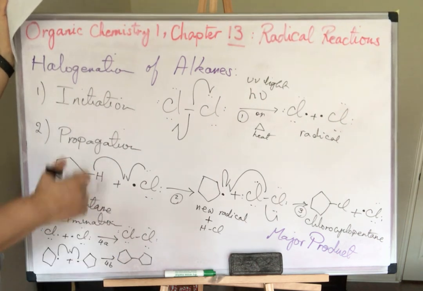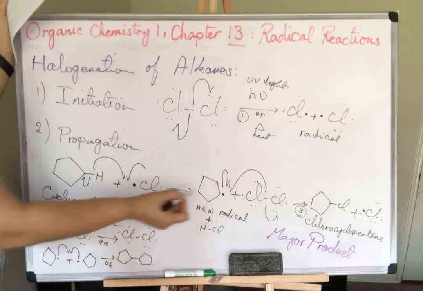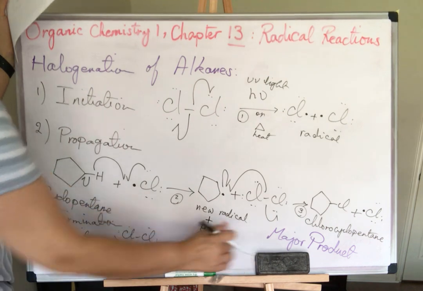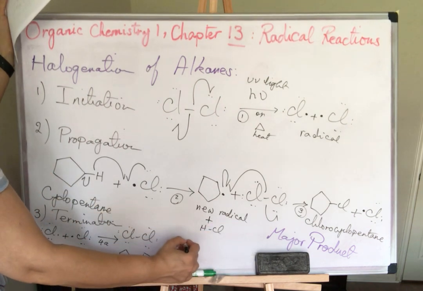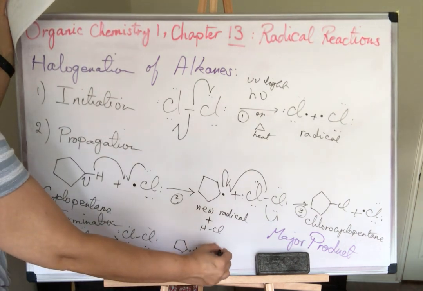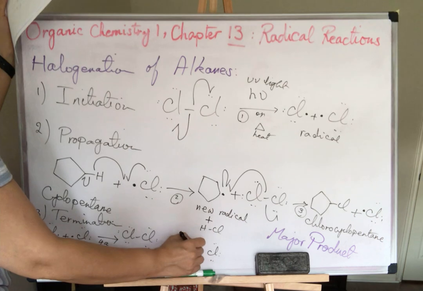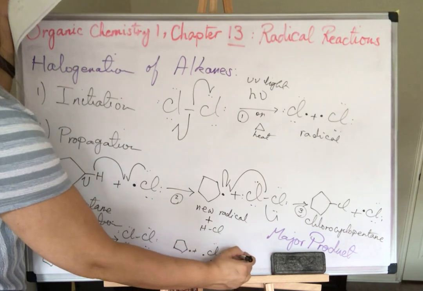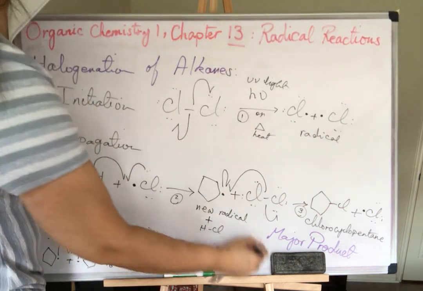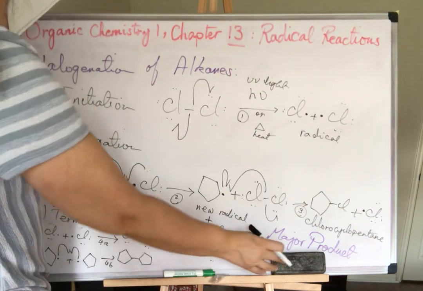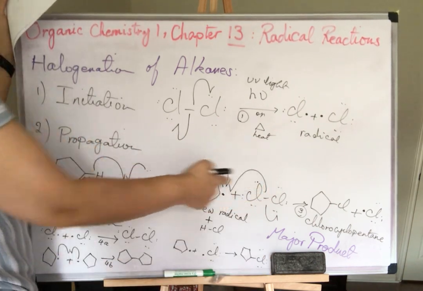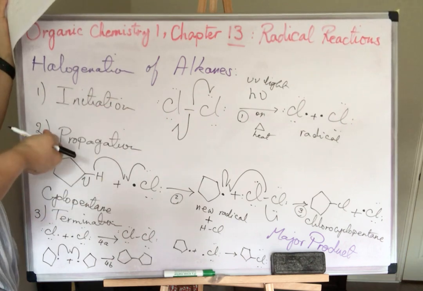These are the possibilities for all of these reactions. Whatever is left over will react with each other at the end in the termination step. It's a very difficult reaction to happen. You definitely need to apply heat or UV light, and you will end up having different products, but the major product is what is formed in the propagation step.